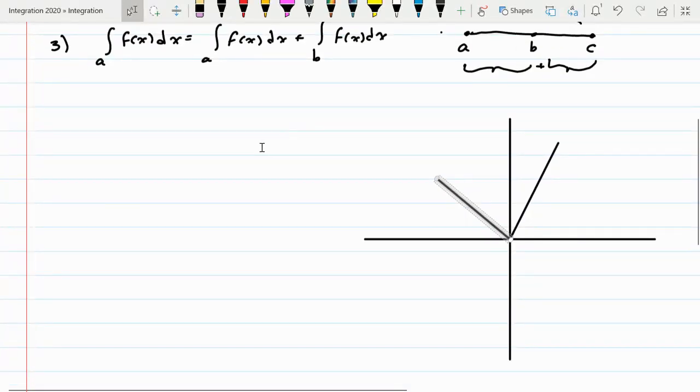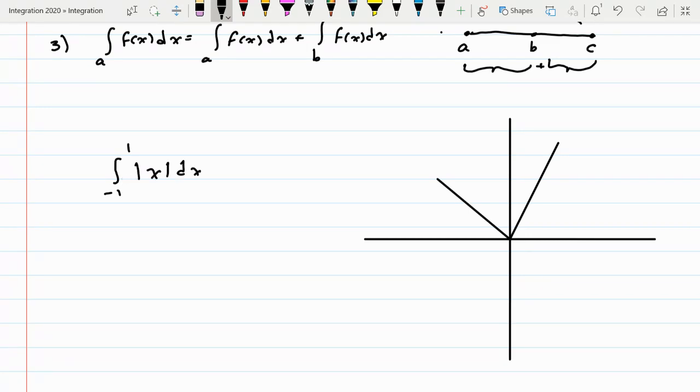Assume that I want to find the integration from -1 to 1 of the function absolute value of x dx.